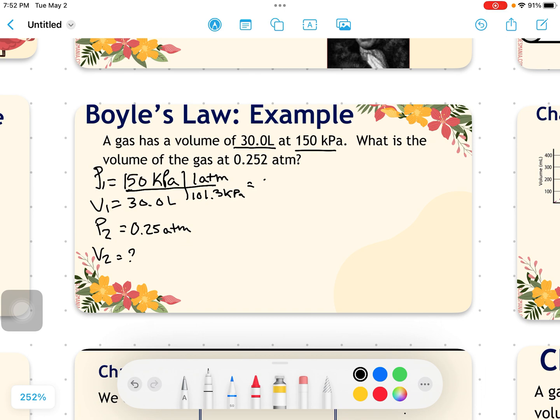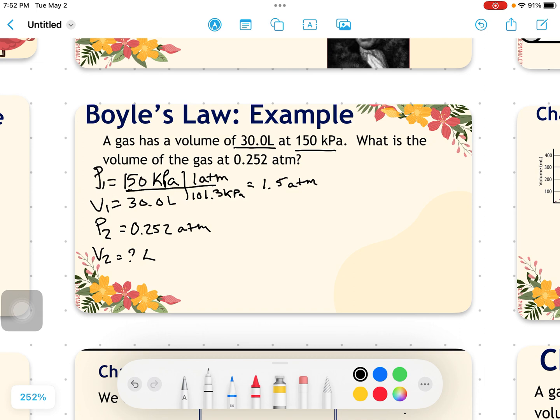You should get an answer of 1.5 atm. So now I have 1.5 atm for my pressure 1. Pressure 2 is 0.252. I forgot a number there. Make some room. And my volume's in liters. That means my final answer needs to be in liters.